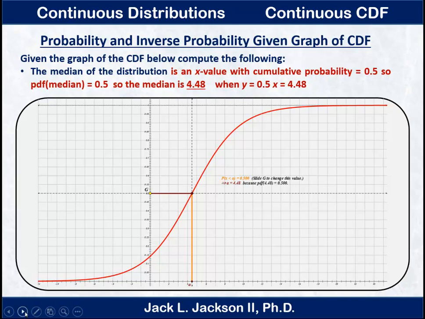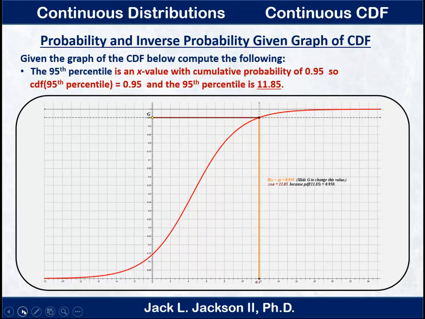The next one, we want to find the 95th percentile. See if you can do that one before you keep the video going, so you could pause if you need to. Okay, you're back, so I assume you've done that. So again, we know the 95th percentile is an x value with the cumulative probability of 0.95.